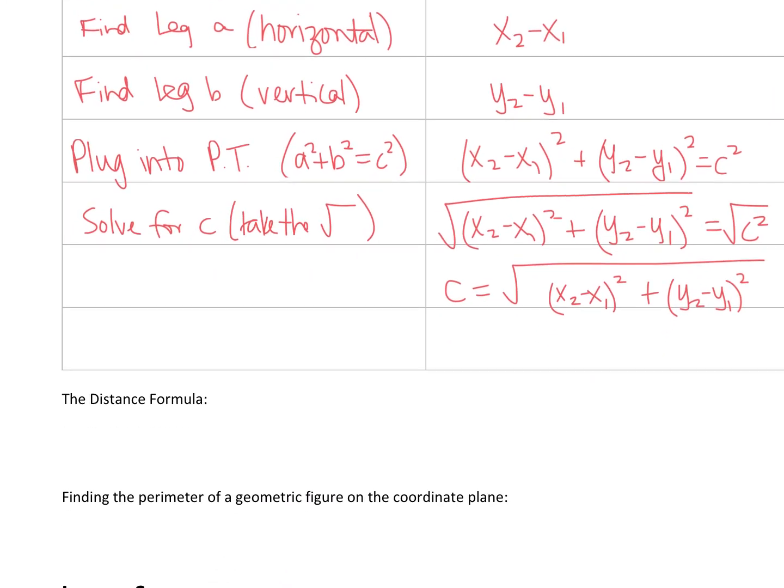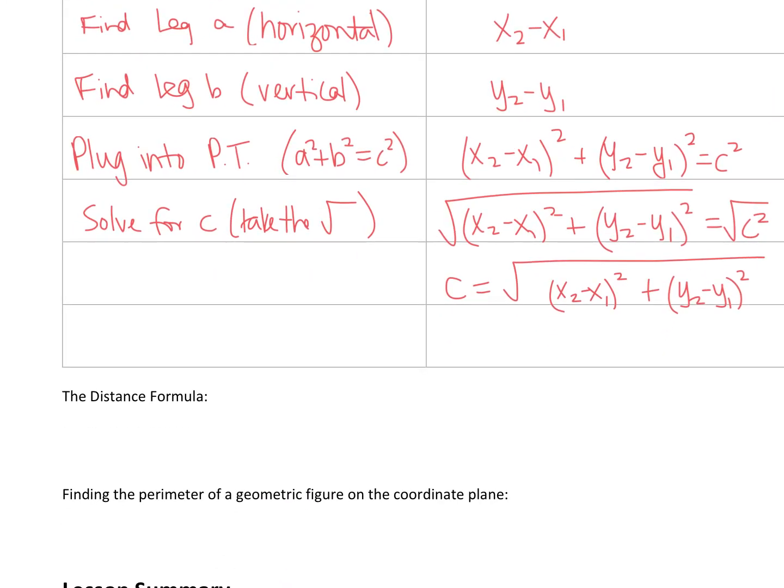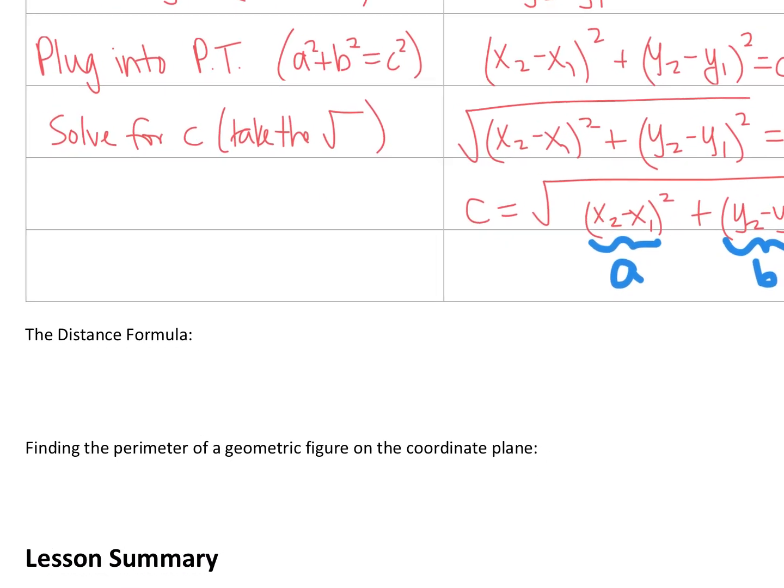This we actually call the distance formula, which is pretty much Pythagorean's theorem. It just has notation in it for ordered pairs as opposed to just writing A and B. Because remember, this part right here is just A, and this part right here is really just B. So we're just going to copy down the distance formula right here. In case you see it somewhere online or next year, you'll know, oh, that's just Pythagorean's theorem.